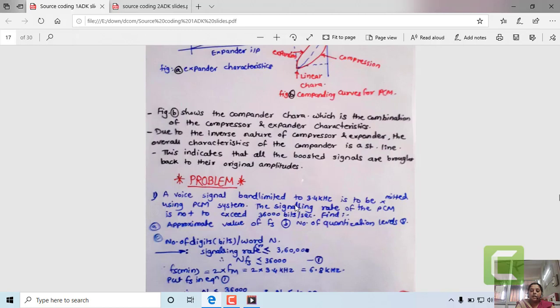In the numerical, it has been provided that the signaling rate should not exceed 36,000 bits per second.